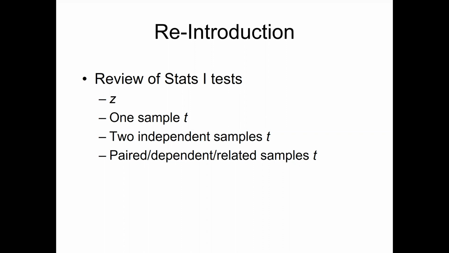So the third test you would have done is the two independent samples t-test, in which case, obviously from the name, you've gathered two samples of data and you're going to compare their means. And in this case, you need the full raw data, or at least you need the sample means and standard deviations.